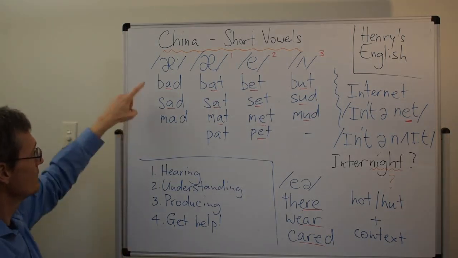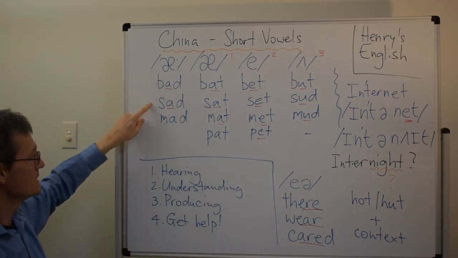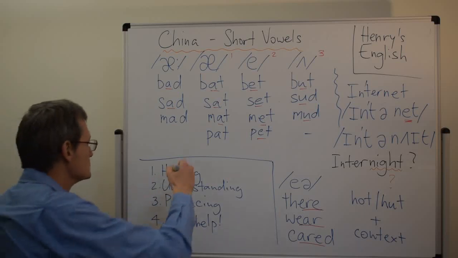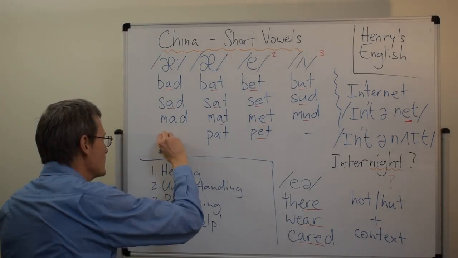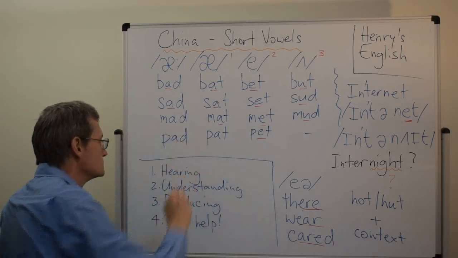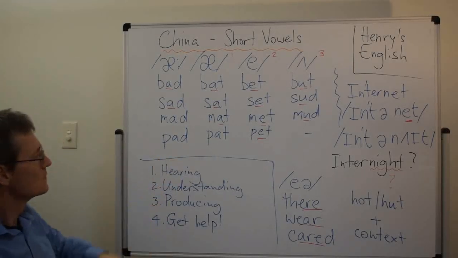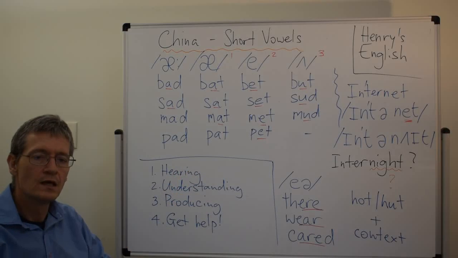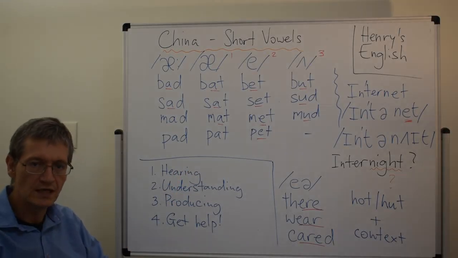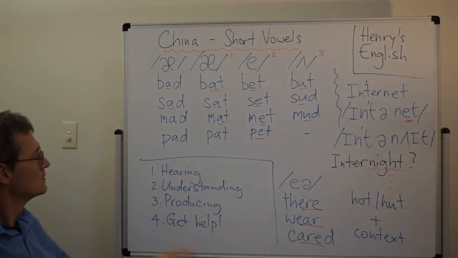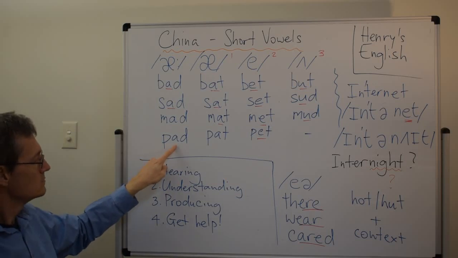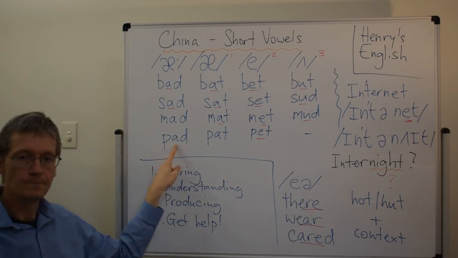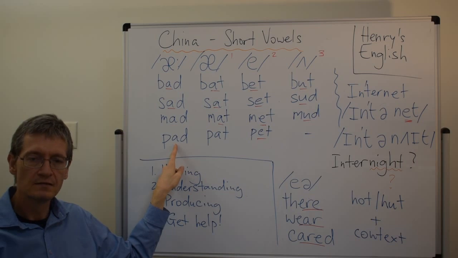So we have these words, bad, sad, mad, and we have another word here. All of these words here are genuine English words. Now, listen to this word when I say it. Pad.